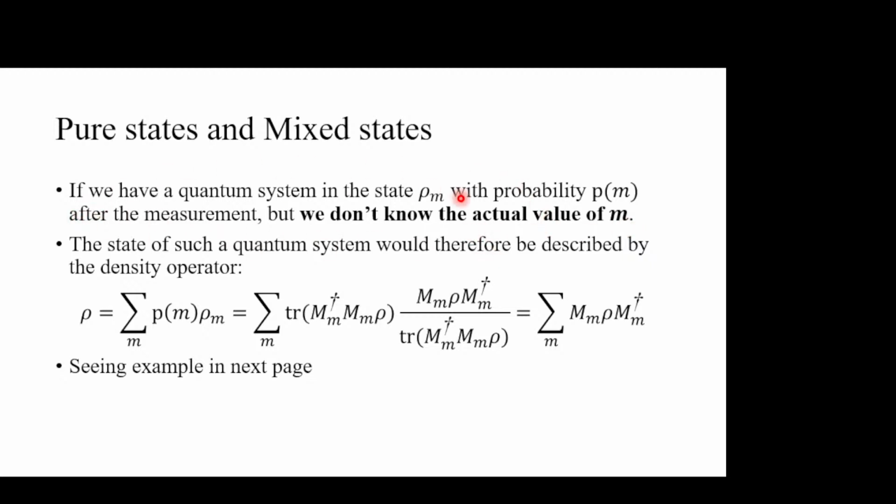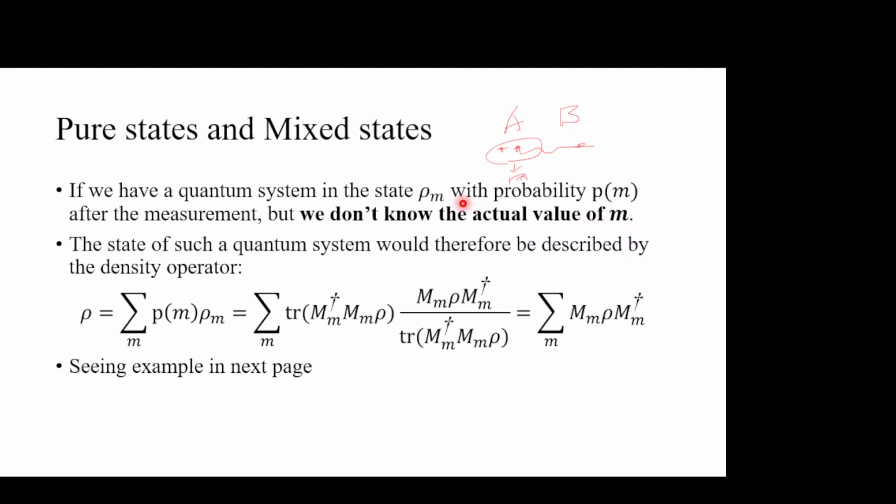Remember when we had teleportation, right? When we have teleportation, Alice and Bob can have some entangled state. So actually 2 qubits here, 1 qubit here. And Alice will do some measurement here. And this measurement will change the total state, but Bob doesn't know the measurement outcome.